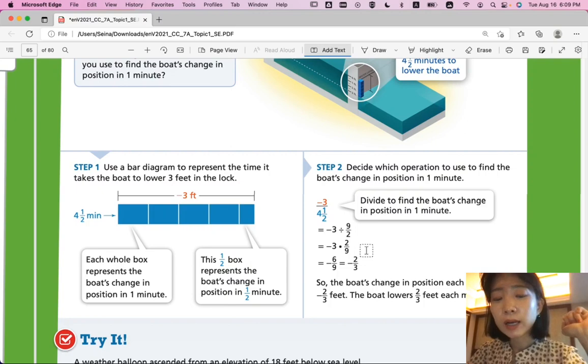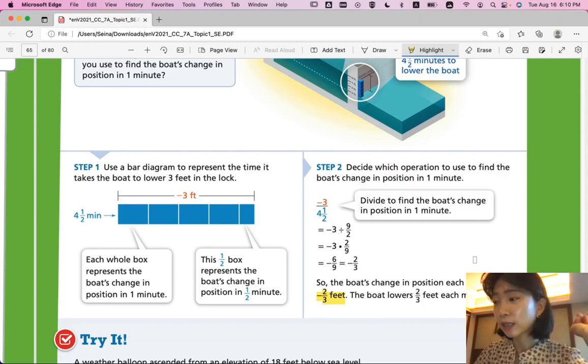Negative 3 times 2 over 9 would be equal to negative 6 over 9, which will then be simplified to negative 2 over 3. So the boat's change in position each minute is negative 2 over 3 feet. Do not forget your measurement. The boat lowers 2 over 3 feet each minute is the correct answer.